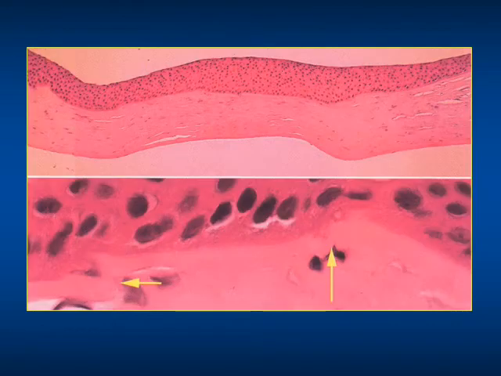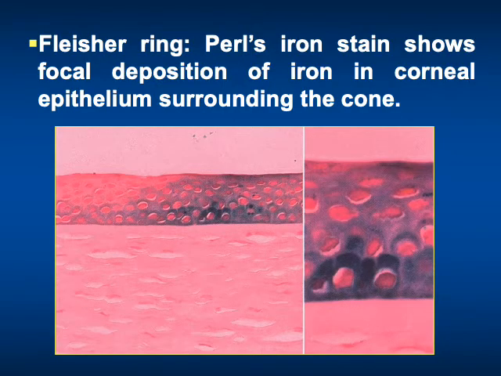As you can see, this is the dehiscence of the Bowman membrane, this yellow arrow, and this is the wavy configuration of the cornea. And this is the Fleischer ring, on Perls iron stain, which shows focal deposition of iron in the corneal epithelium surrounding the cone.